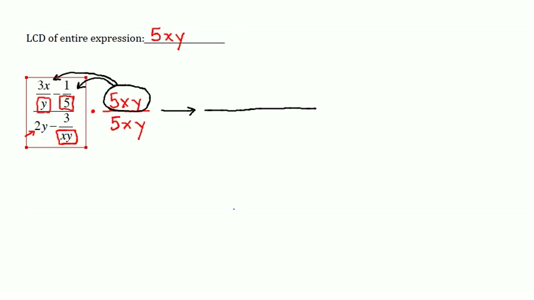I can see that because I have y in the denominator here, that factor of y is going to cancel with this factor of y, and what I will be left with at that stage is 3x from my numerator and a factor of 5x from my LCD.